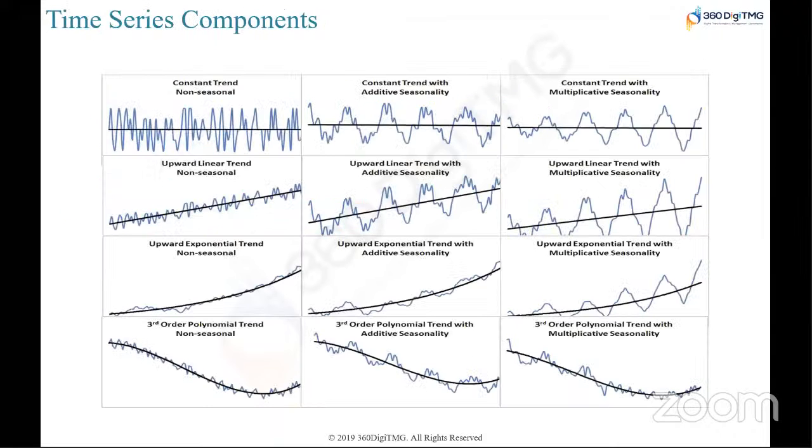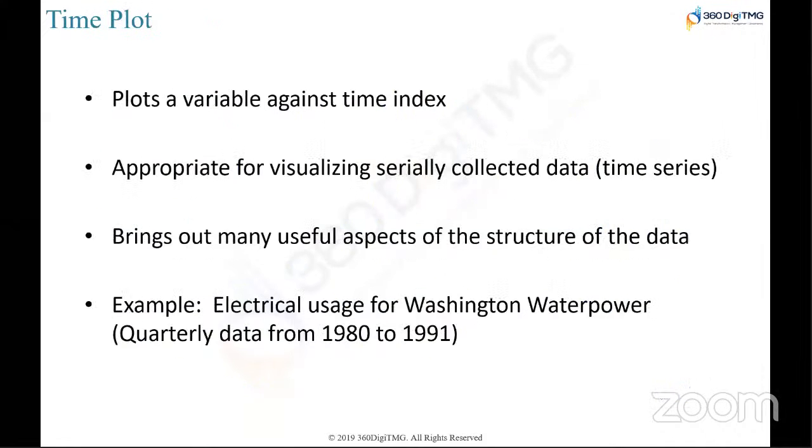And then we discussed the visualization of time series data in the perspective of what is called the time plot. So this is the time plot, and we talked about no trend, no seasonality, trend and seasonality, trend and seasonality being multiplicative, and so on.